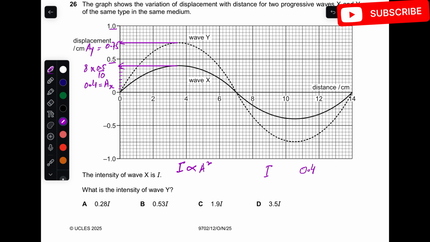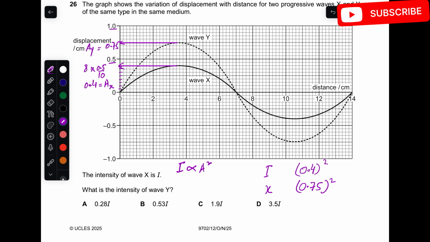And what will be the intensity when the amplitude is 0.75? Okay, and there are squares on it because intensity is directly proportional to the square of the amplitude.